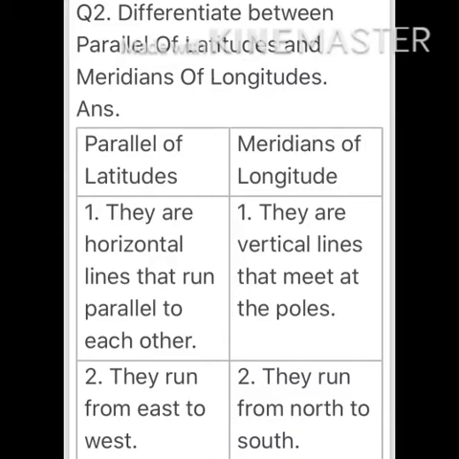Second point under parallels of latitude, they run from east to west. Second point under longitudes, they run from north to south.